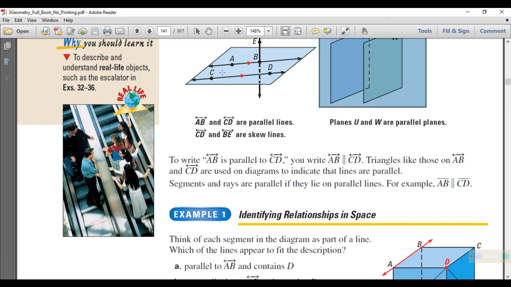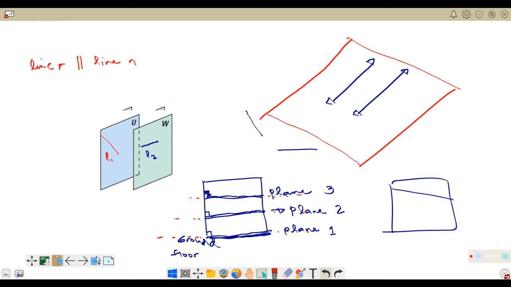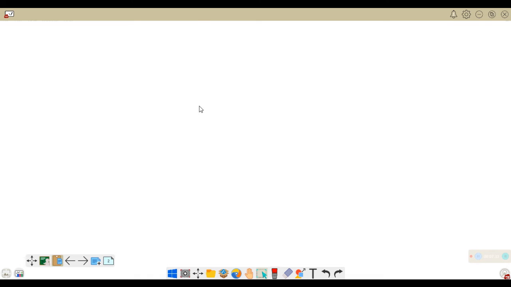So, segment AB is congruent to segment BC. Para mas malinaw yung sinasabi dito sa definition na to, drawing tayo dito ng representation. Limbawa, ito.